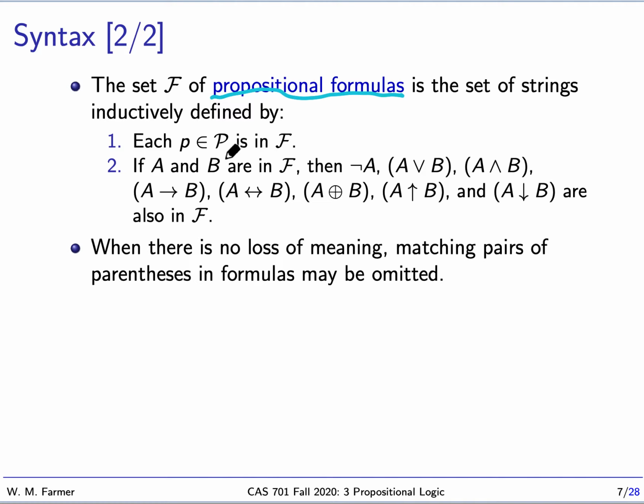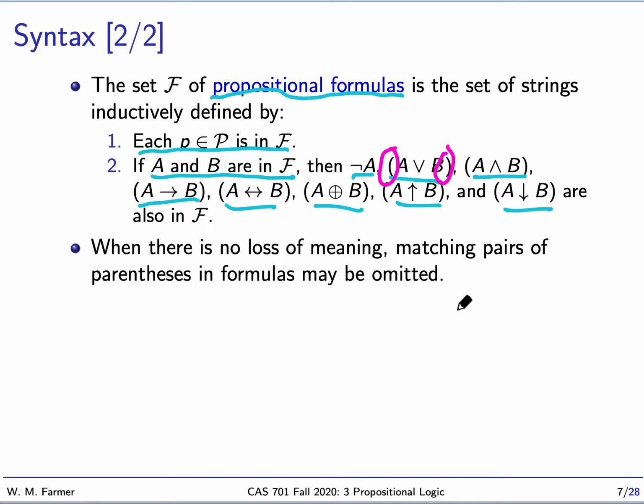And the second says if A and B are propositional formulas, then all the different things we can get by applying our Boolean operators are all propositional formulas. Now, from now on, when there's no loss of meaning, we will drop matching pairs of parentheses.